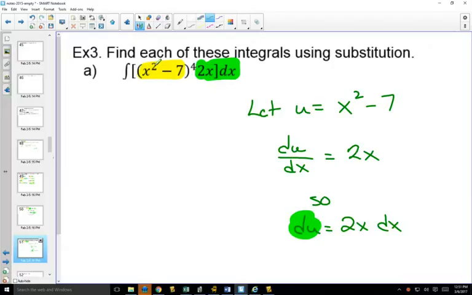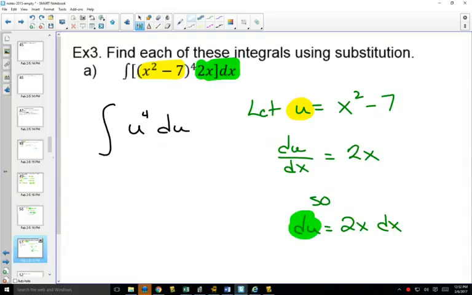And this is what I'm going to replace my yellow with. So now if I do that substitution, I get the integral of u to the power of 4 du.